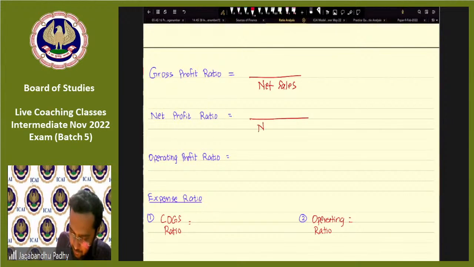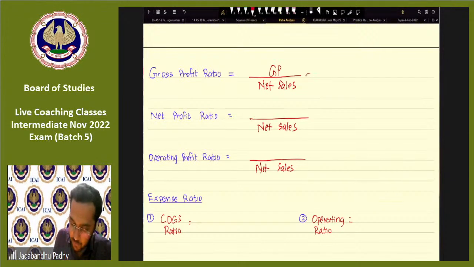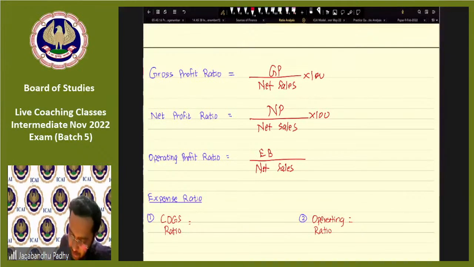Even net profit ratio is upon net sales. So gross profit ratio will be what? Gross profit upon net sales into 100. Net profit ratio will be net profit upon net sales into 100. Operating profit ratio will be EBIT upon net sales into 100, because EBIT is your operating income.